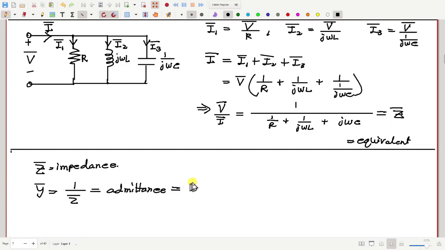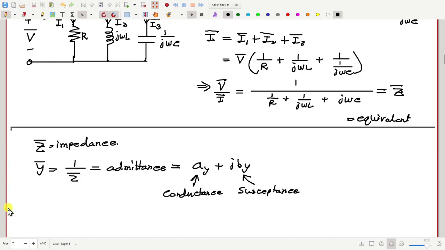And if it has two parts, say Y equals G plus jB, then the real part is called conductance, and the imaginary part is called the susceptance. Okay, these are just definitions.